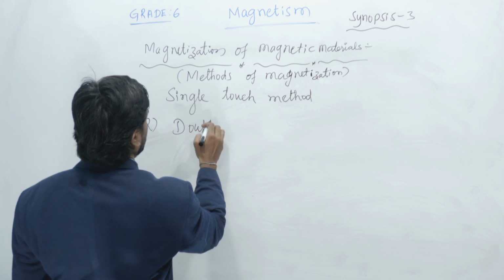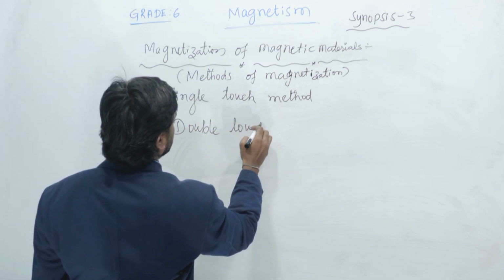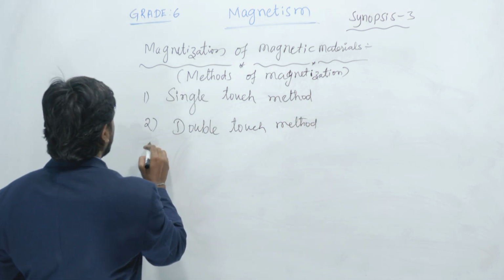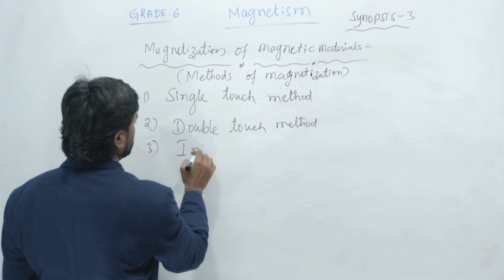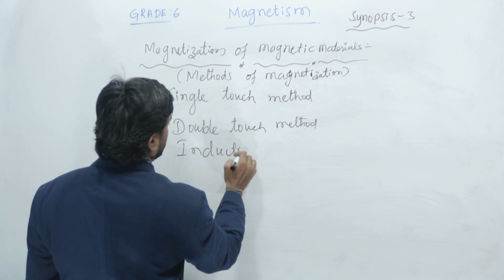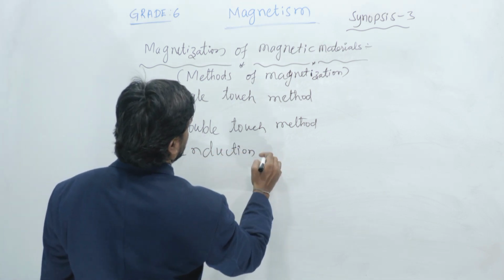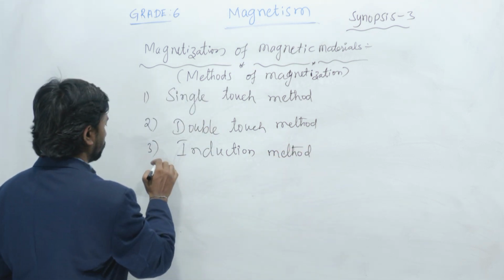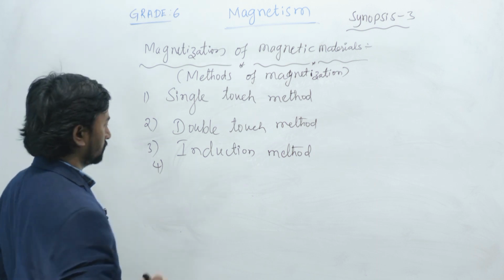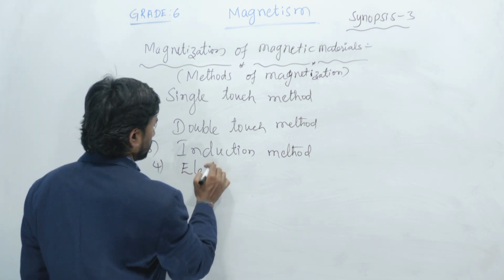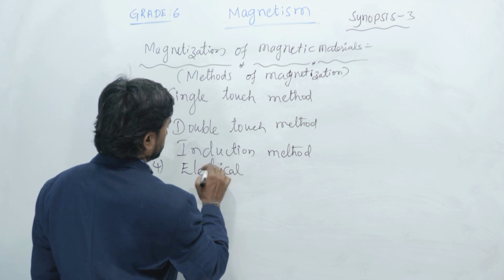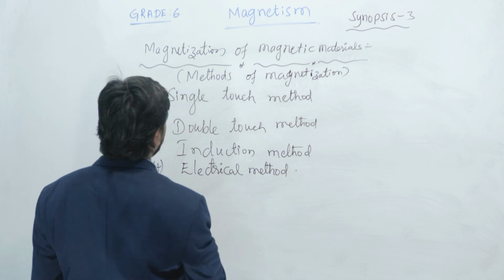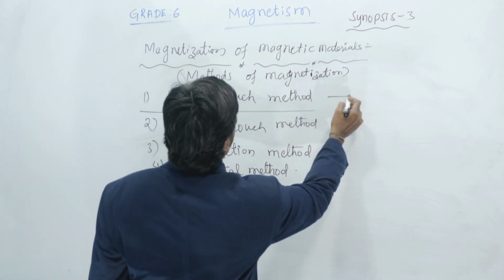The third one we call the induction method, and the fourth one is called the electrical method. Now we are going to see them one by one.